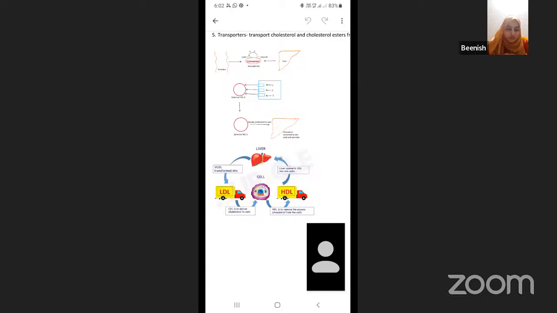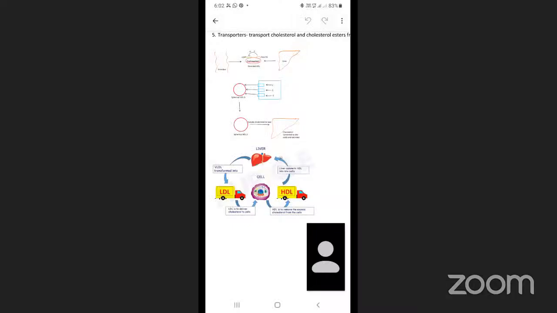Now, by the action of LCAT, what will happen? The cholesterol present in the discoidal HDL will be converted into hydrophobic cholesterol esters.